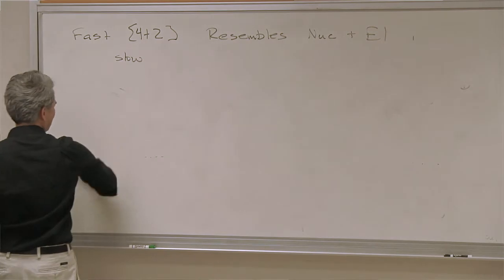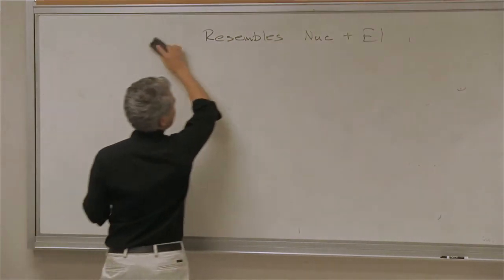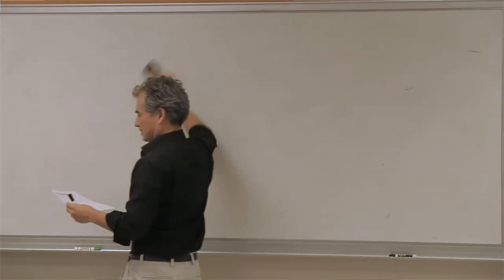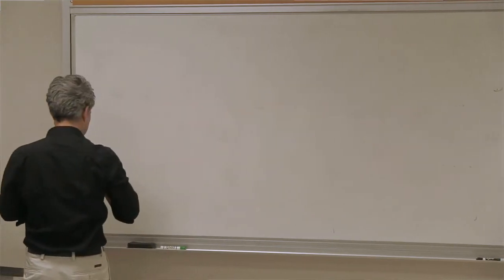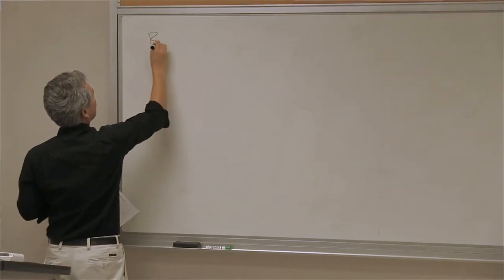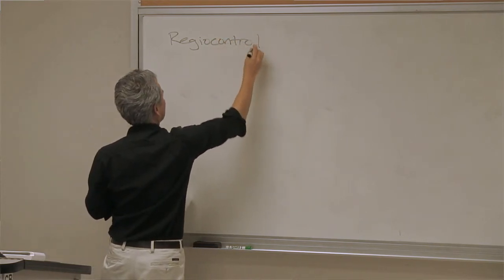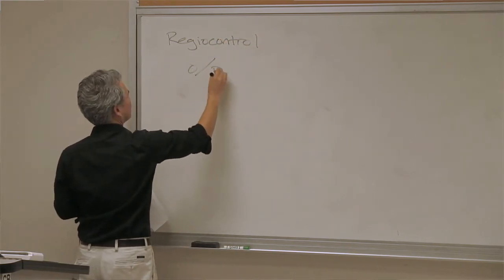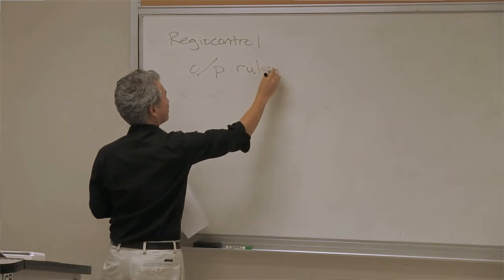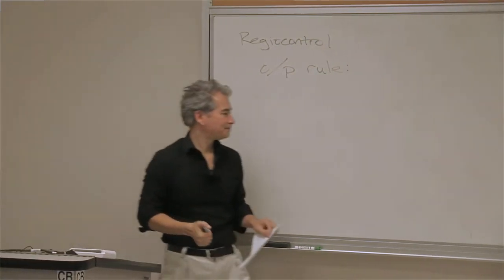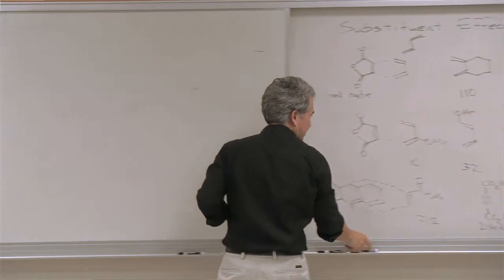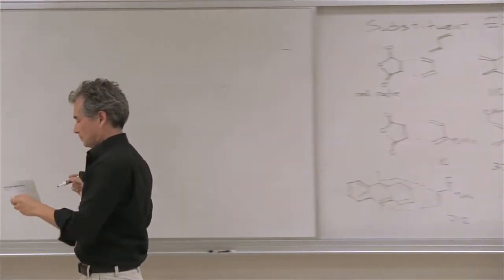There's a very simple rule that allows you to predict regiochemistry in Diels-Alder reactions. And I love simple rules. And our simple rule is called the ortho-para rule. I'm going to get another pen here because I think this one is dying.